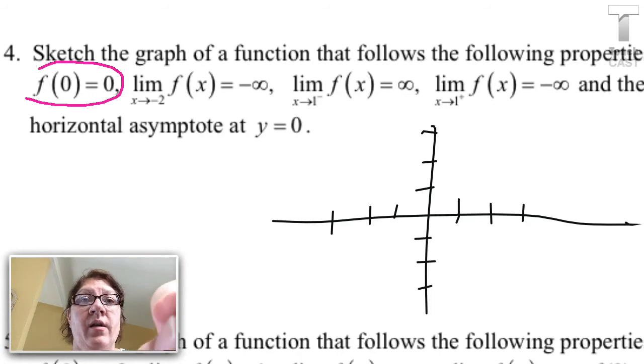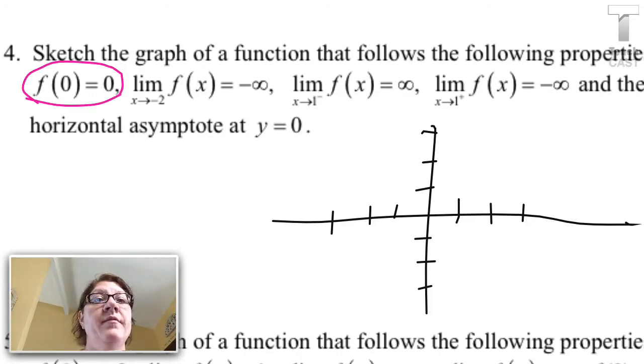So I know that, on my graph, when x is 0, y is 0, so I would put a dot there. I know as I approach negative 2 from the left, I'm going to negative infinity, so that means, oh, I must have a vertical asymptote, and of course I'd be going down.